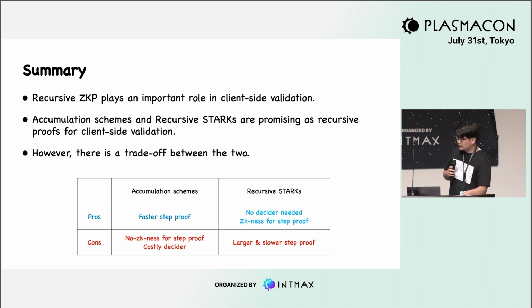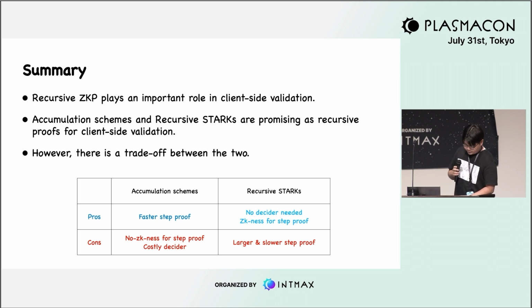However, each has its trade-offs. Accumulation schemes can execute a recursive proof extremely quickly, taking about 50 milliseconds. However, there is no zero-knowledge at each step. Additionally, if the recursive structure is too complex, the cost of the decider can become too costly.